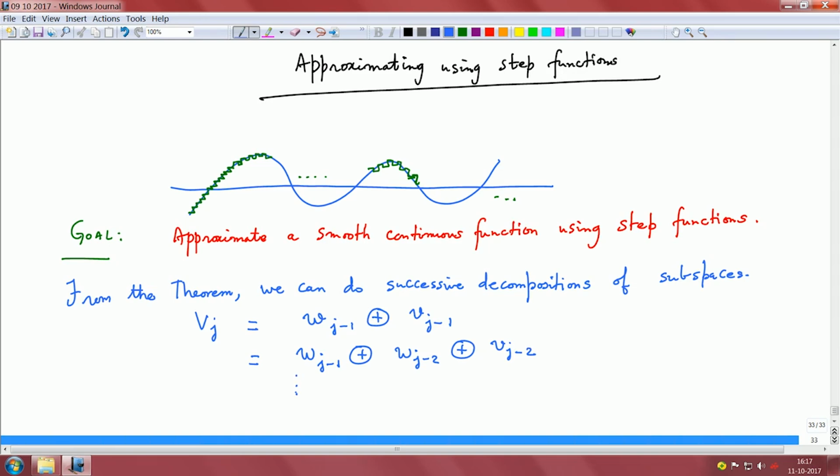If you continue this in a sequence, you have Wj minus 1 direct sum Wj minus 2 direct sum dot dot dot. Finally, you will land up with W0 and V0.